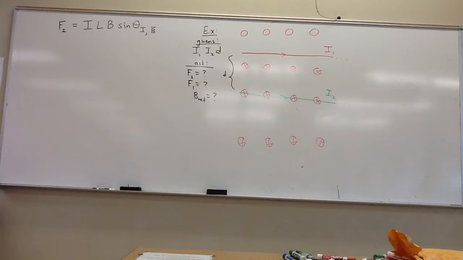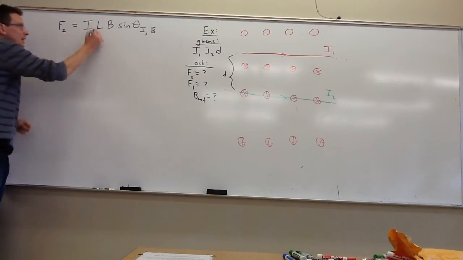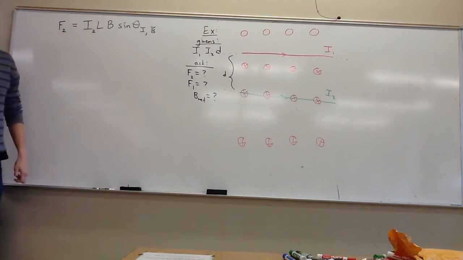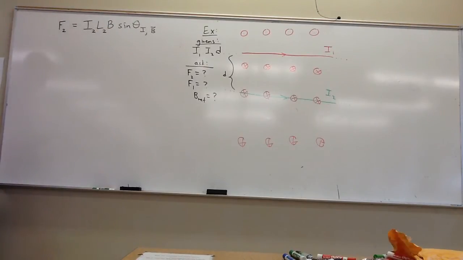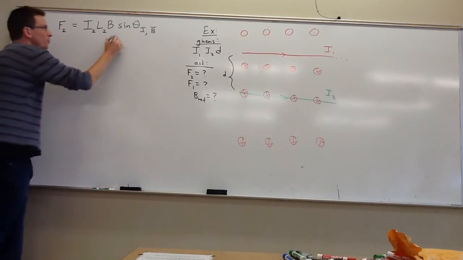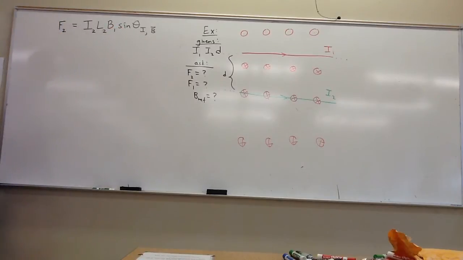Here we have to be really careful about what I, what L, what B. The force that a given wire feels is due to the current that's in it, its length, and which field? B1, right? It can't be your own force for your own field.